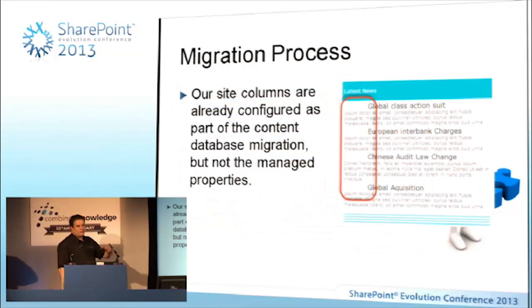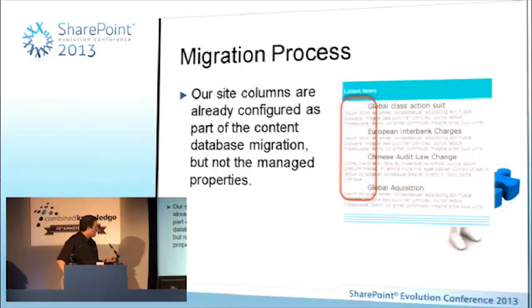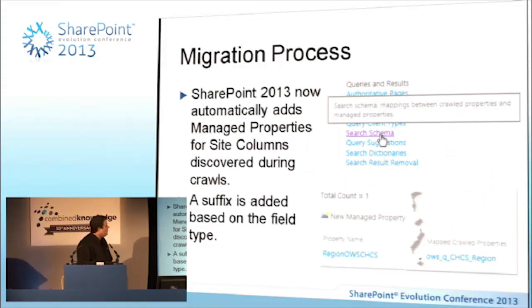Our site columns came across, but not our managed properties. But during our crawl, SharePoint now automatically creates these managed properties for us from our site columns. So this is really key. This is why we chose site columns for these: when you're moving into 2013, those columns will automatically get created as managed properties.